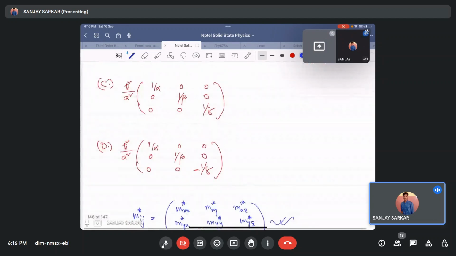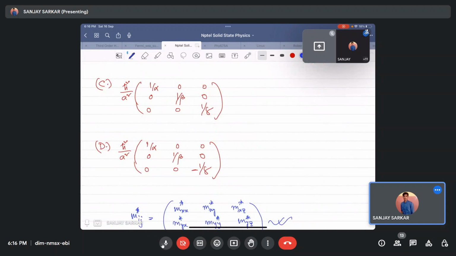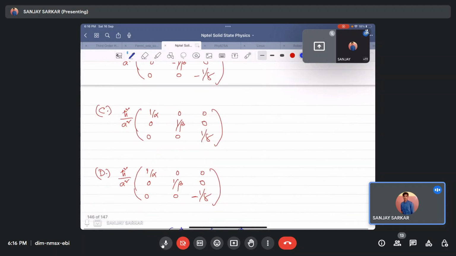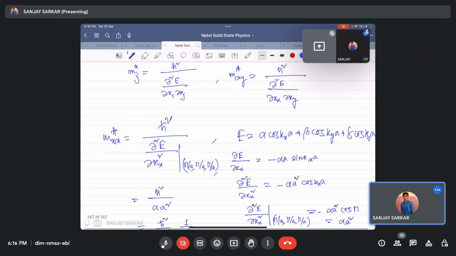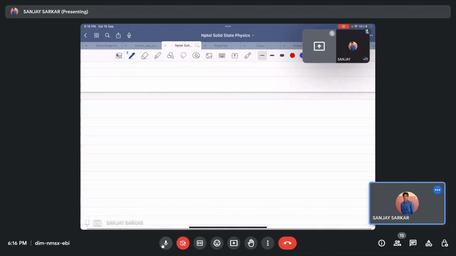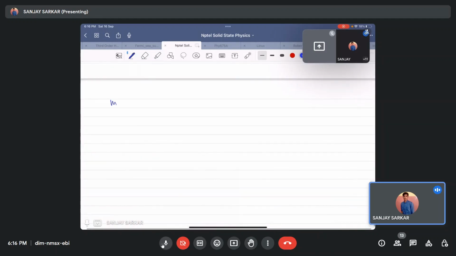So only option C or option D can be correct. In option C and D you don't need to calculate all the components. You can see that only some components are different. So you just need to calculate mzz star. If you calculate mzz star, then you can say which is the right option.